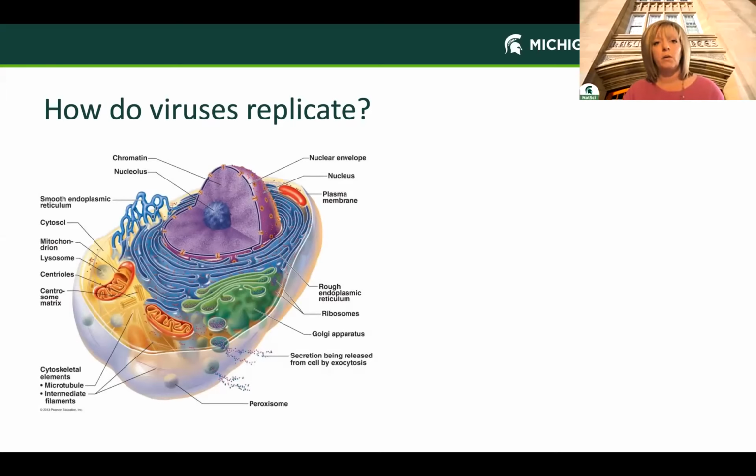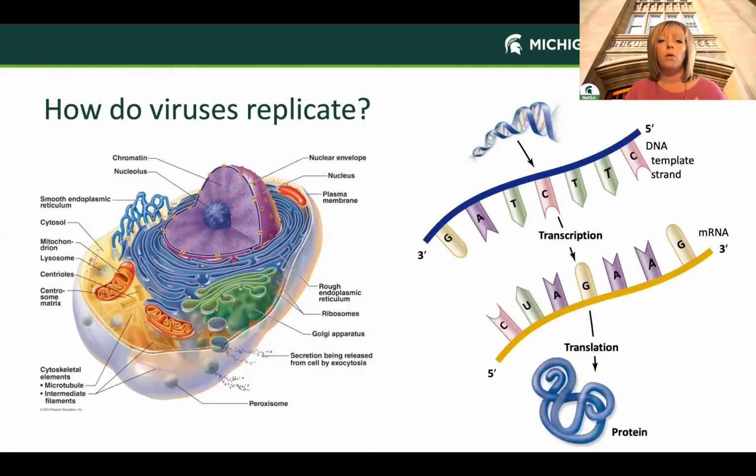The other piece, going back to your old biosci courses and maybe biochemistry courses, is the flow of information. We have DNA that gets transcribed into RNA, and then that RNA is translated by ribosomes to make protein. In the case of coronaviruses, we're going to skip the DNA part because the genome is not made of DNA. It is in fact made of RNA.